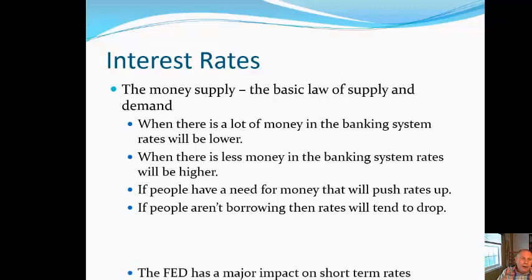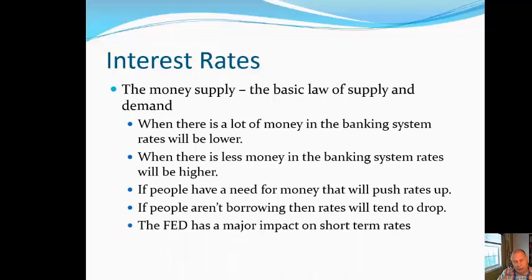Now, we've all heard that the Fed has done different things. Well, the Fed can have an impact on short-term rates, because that's what they can set. They can be a lender. So when banks need to borrow, they can borrow from the Federal Reserve. If they set a low enough rate, that's what the short-term money will be, because banks will be able to borrow from the Fed at that.